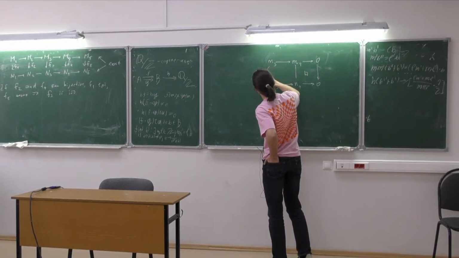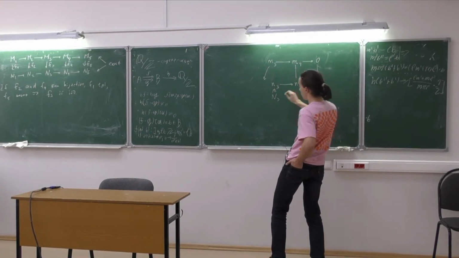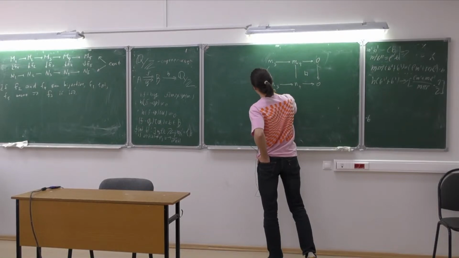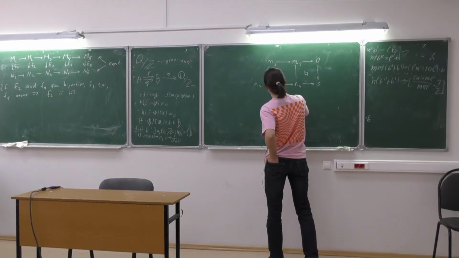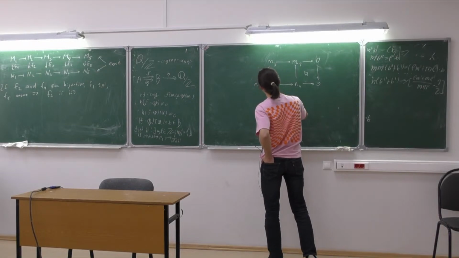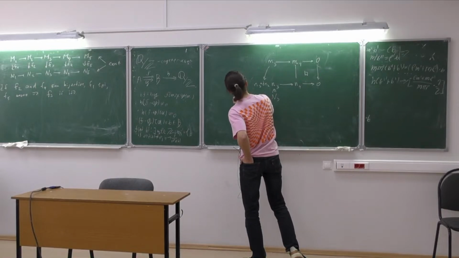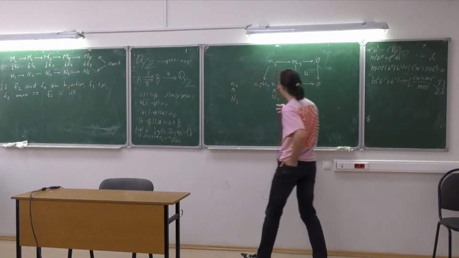Generally speaking, M3 has to map to something that maps to N4, which can be written like N3 plus Dn2 for some N2 in N2. Okay? Is this clear?